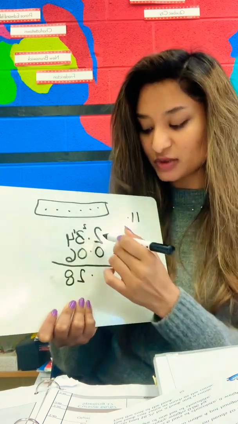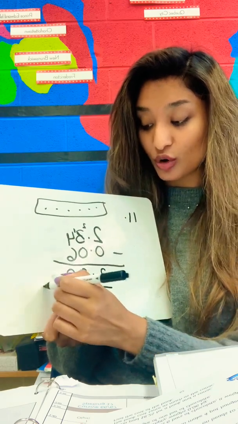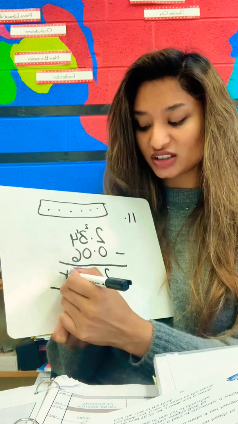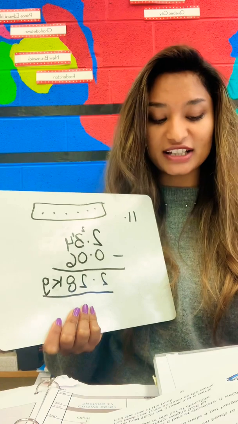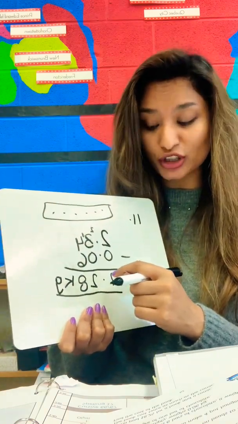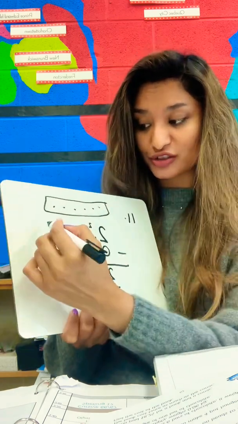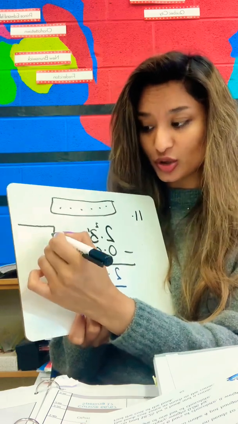I put my decimal, and 2 take away 0 again gives me 2. So the chocolate bars alone weigh 2.28 kg, right? Now we need to divide this number by 6, because how many bars are there? There are 6 bars. So that's your second step, which you are going to do on your own.